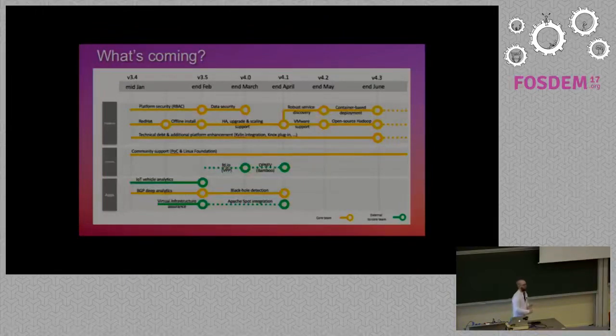At the moment we are leveraging Cloudera distribution, but we plan to work on the Hadoop upstream in order to have a fully open source platform. And also on the app side, which is key, we will have the BGP Deep Analytics, which will be showcased at the Cisco Live Berlin. We also have black hole detection, etc.